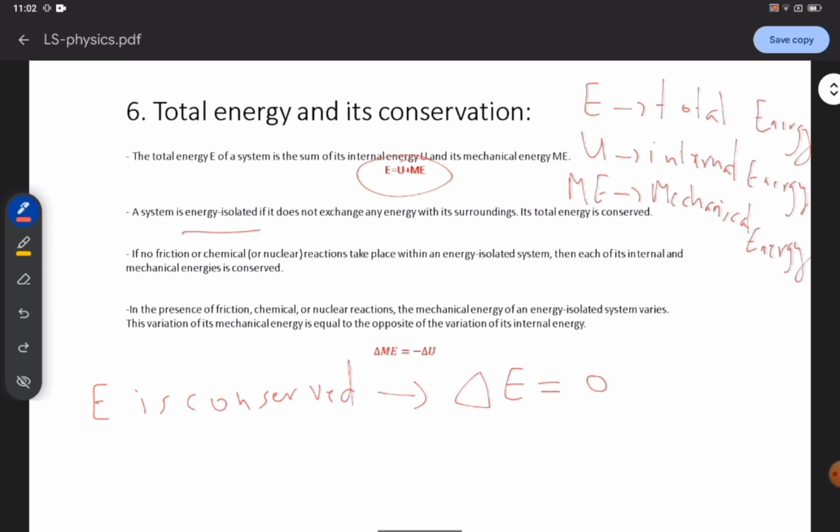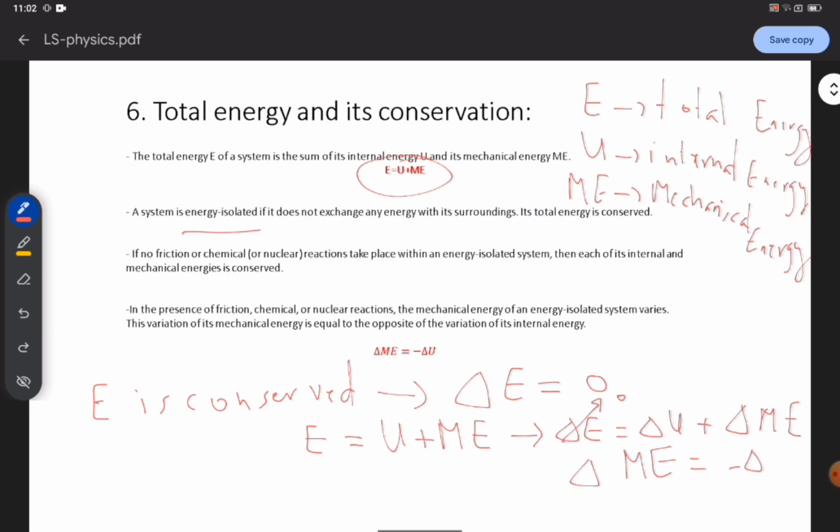So we have E equals U plus ME. We obtain delta E equals delta U plus delta mechanical energy. When the system is isolated, delta E equals 0 since E is conserved, then we obtain delta ME equals minus delta U.